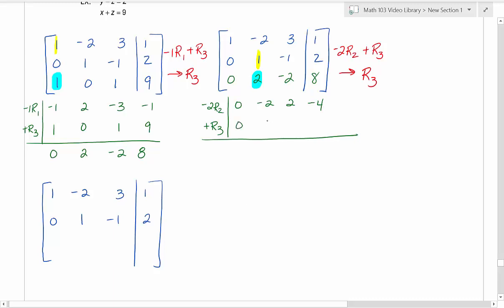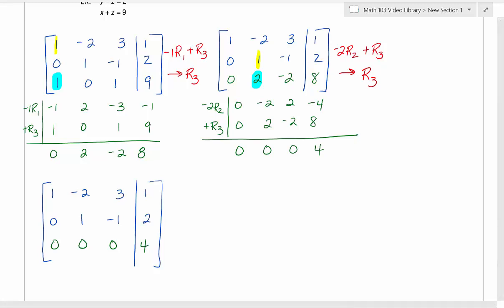Adding that to row 3 as is, we get 0, 0, 0, 4. There's our new row 3. At this point, our second column is also taken care of. We have a leading 1, first row, first column, zeros below. Now we have a leading 1, second row, second column, zeros below.